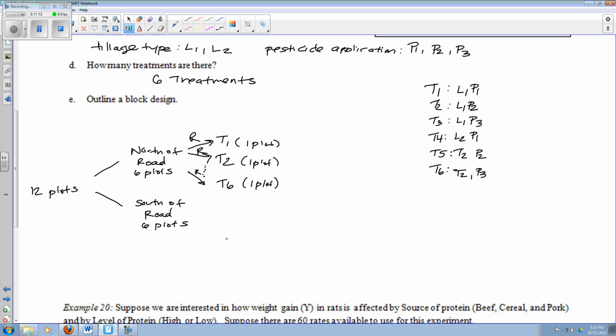Okay. We're going to do the same thing for south of the road. We're going to randomly assign one of the plots to treatment 1. Randomly assign it to treatment 2. All the way down to treatment 6.